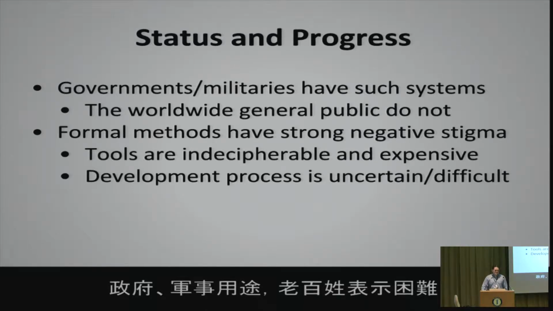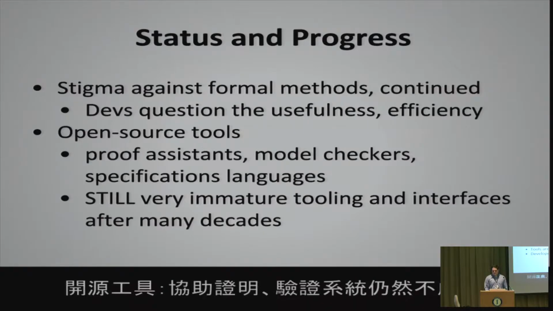Why? Because people generally think that the formal methods tools are unusable, indecipherable, and expensive, and only 1% of the best PhDs can use them. And managers and businesses believe the development process that uses formal methods is uncertain and difficult.